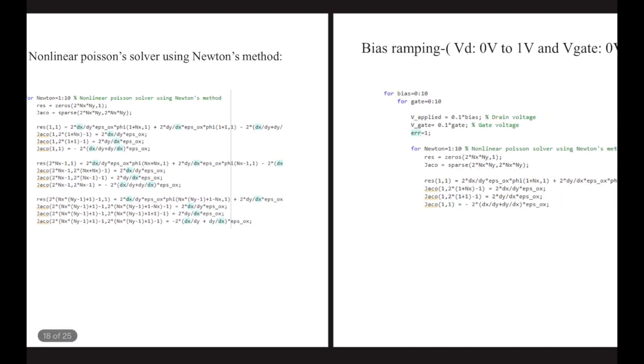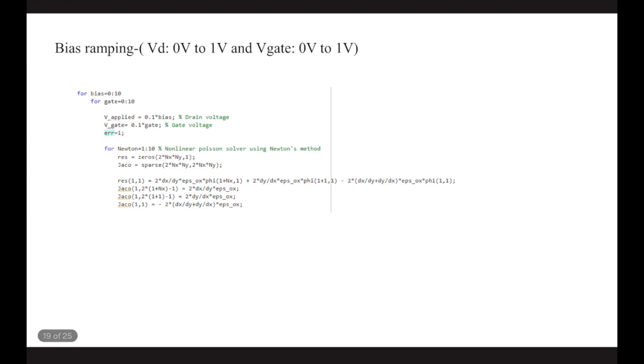Then we apply the bias damping loop where Vd, the drain voltage, is varied from 0 volt to 1 volt, and the gate voltage as well is varied from 0 volt to 1 volt slowly.